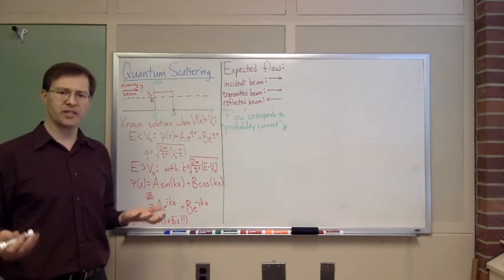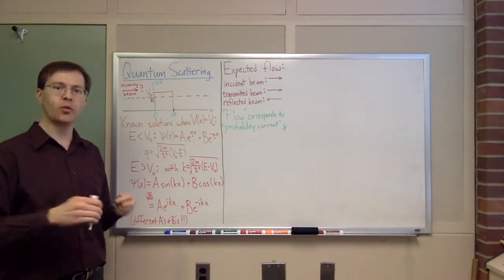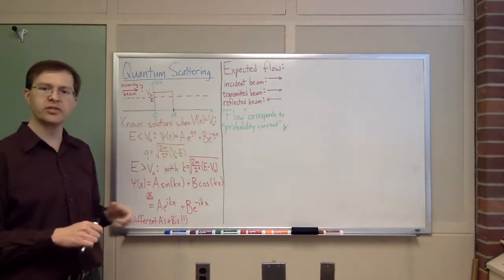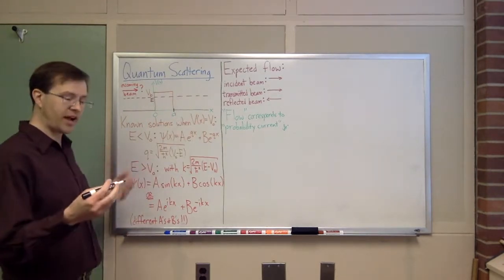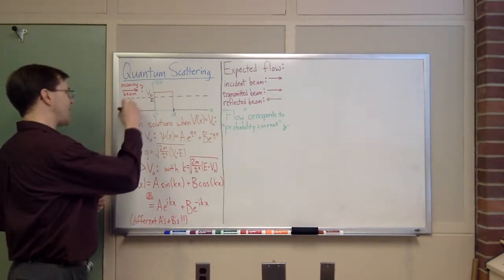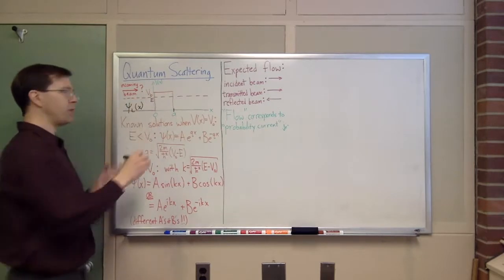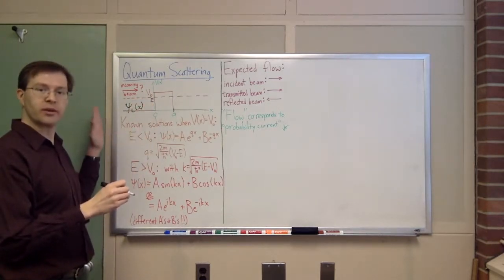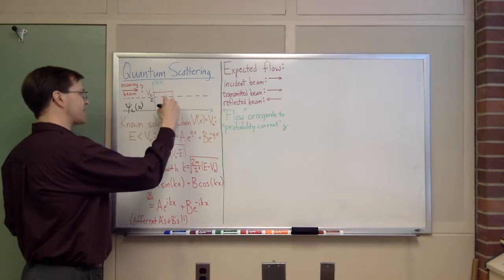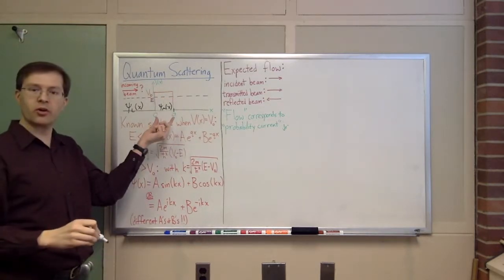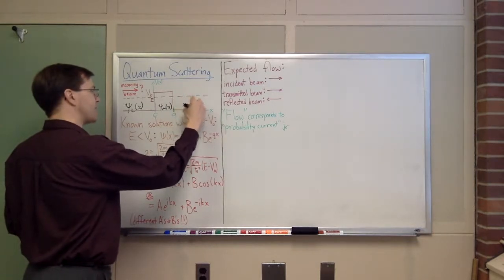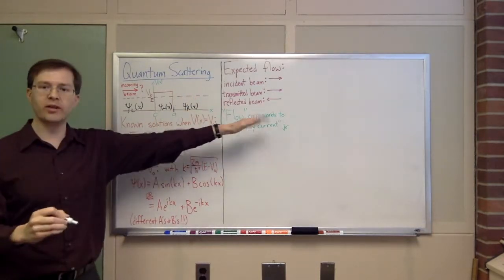Now, when I say our wave function, remember we've got three regions here, and the way that we solve Schrödinger's equation when we have regions with different potential energy functions is we're just going to define separate wave functions in those regions. So I'll have a psi left of x that's going to apply anywhere left of x equals 0, a psi middle of x that will apply anywhere between 0 and a, and a psi right of x that will apply anywhere for x greater than a.